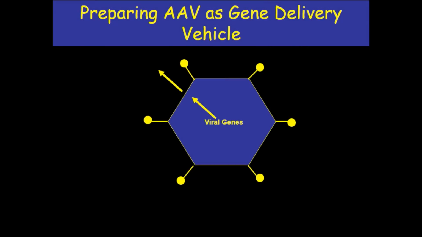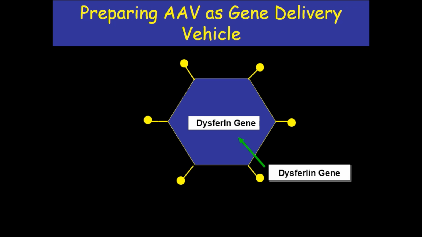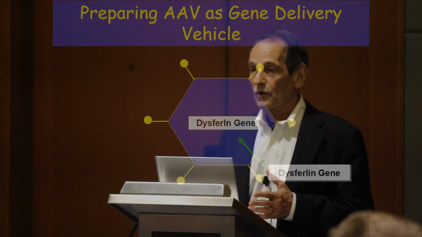But basically, we get asked a lot of questions about how we do this, and the way we do it is conceptually very simple. We take out the viral genes, and in AAV, there are only 2 genes, so it's a relatively simple process. And in place of that, we put in the gene of interest. I show here dysferlin, but we've done multiple clinical trials. We're not quite yet ready for a clinical trial in dysferlin, but we're definitely targeted that way.